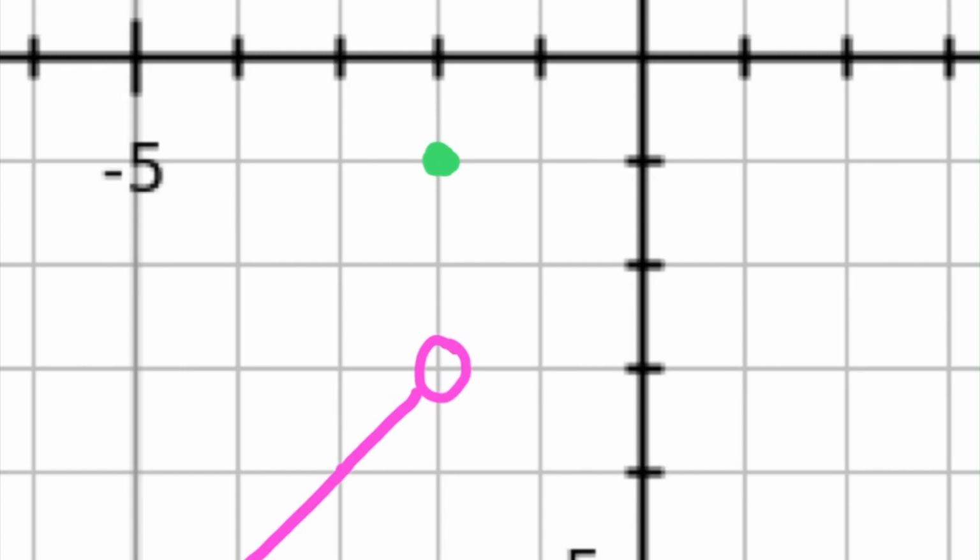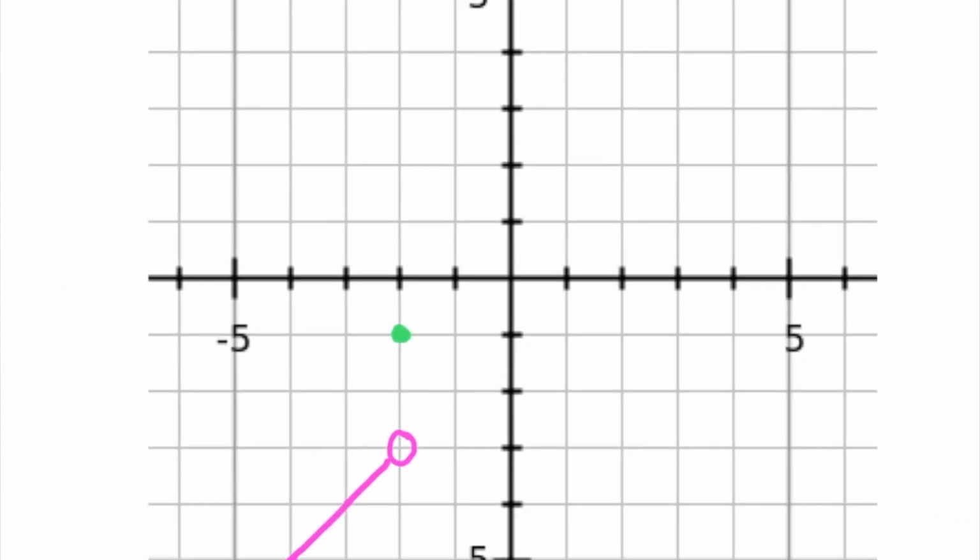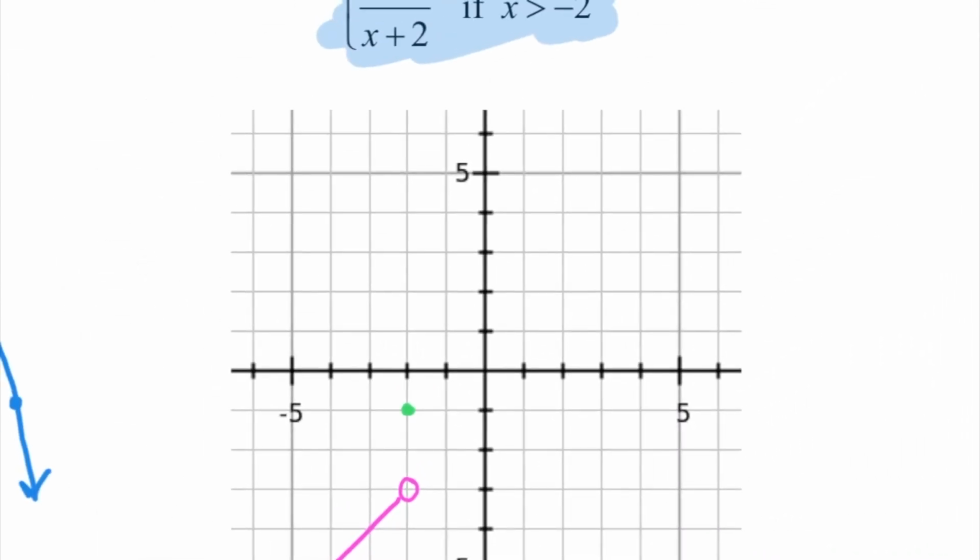And then last but not least, the rational function part of the graph has a vertical asymptote at -2. And so I'm not really wanting to draw it in here, but imagine that this is a vertical asymptote for the rational part of the graph, and it's got also a horizontal asymptote at y equals 0.